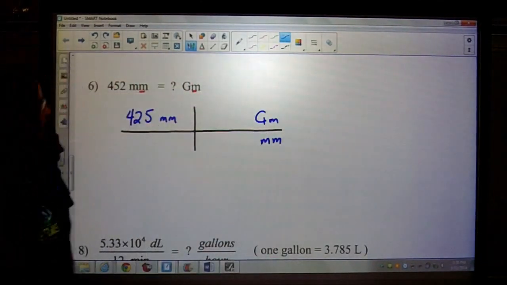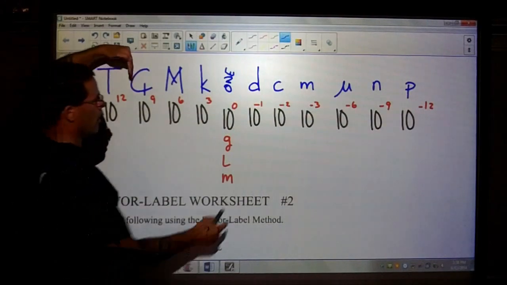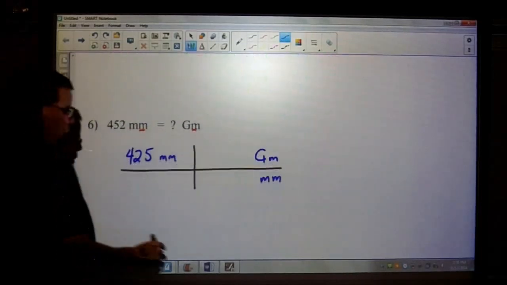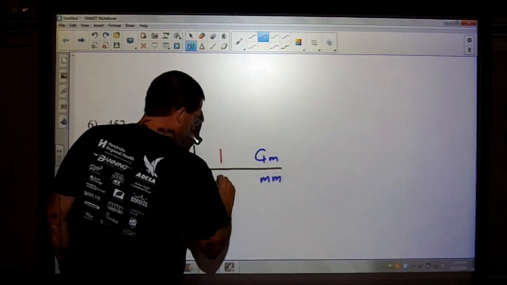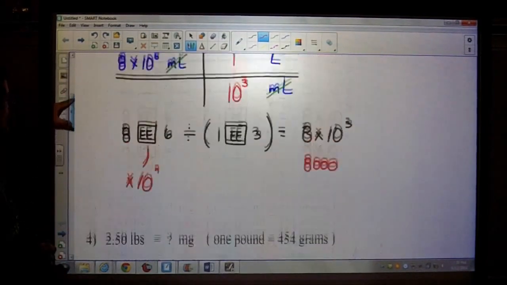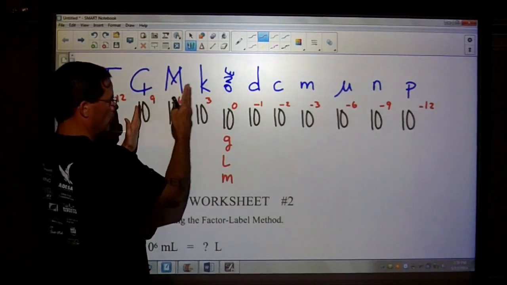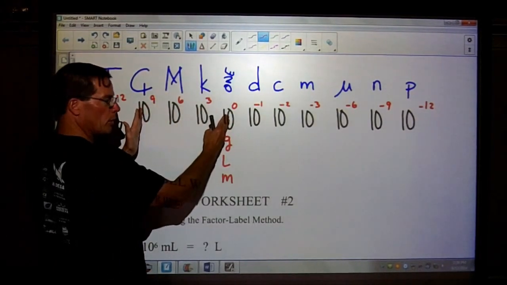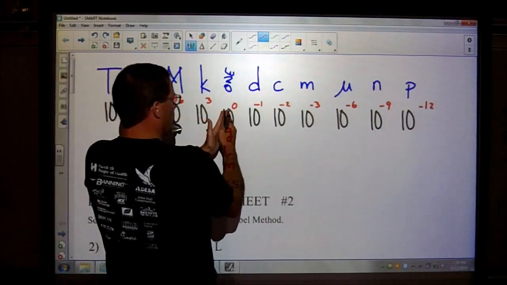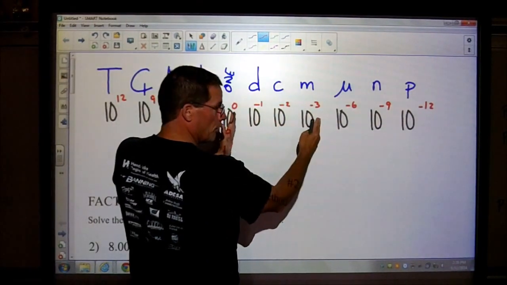All right, so giga or milli, which one's larger? So giga's here and milli's right here, so giga definitely is the larger of the 2 values, so we'll assign the 1 to that. And how many times do I move the decimal, or my exponent value here? So giga to milli. So giga's right here, and if I go from 9 to 0, that's moving the decimal 9 times, and then going to milli, I've already got 9, and then I'm going to move it an additional 3 times. So 0 to negative 3 is an additional 3 places.